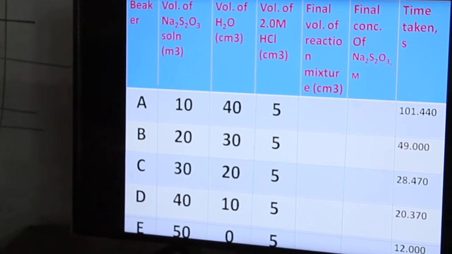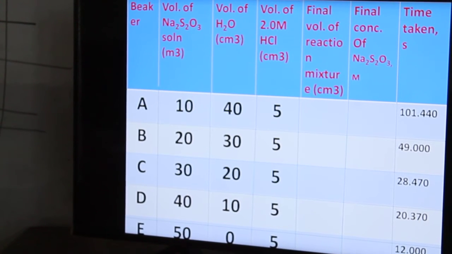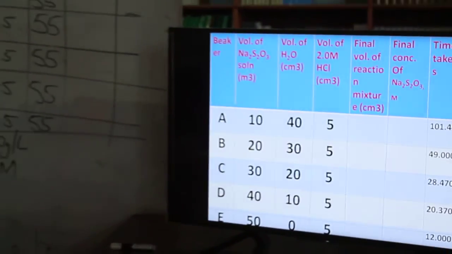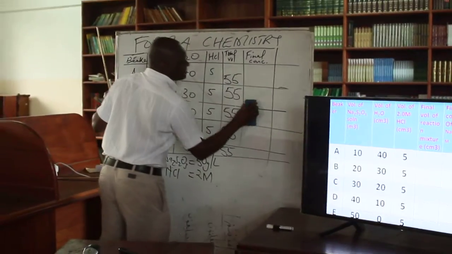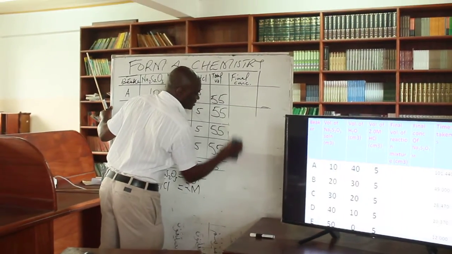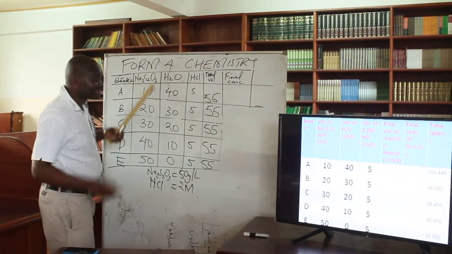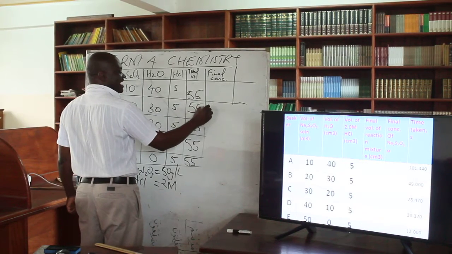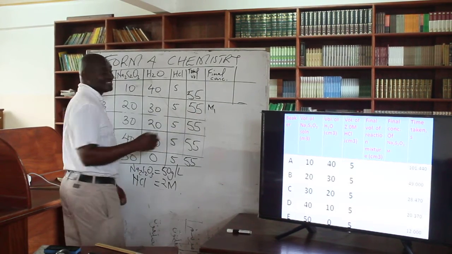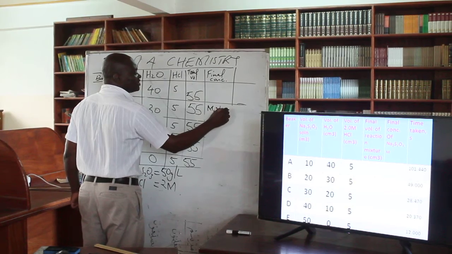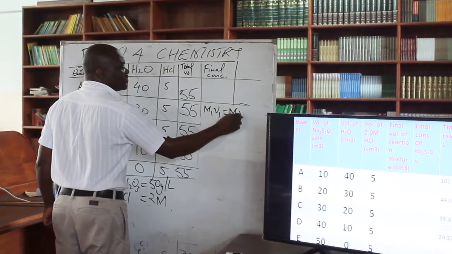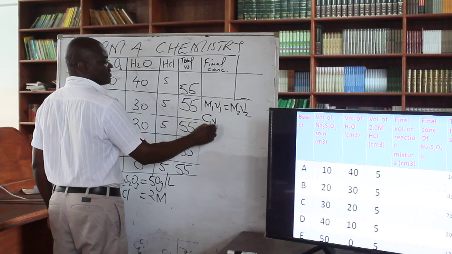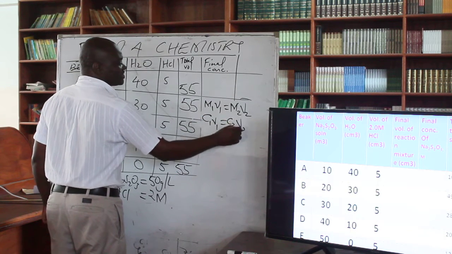So what do we need? We need the final concentration in this part. Let me create some space here for my calculation. We are going to use M1 V1 is equal to M2 V2, or sometimes you call it C1 V1 is equal to C2 V2.